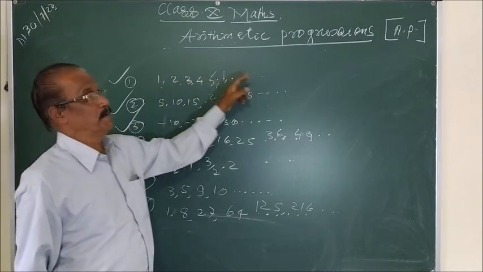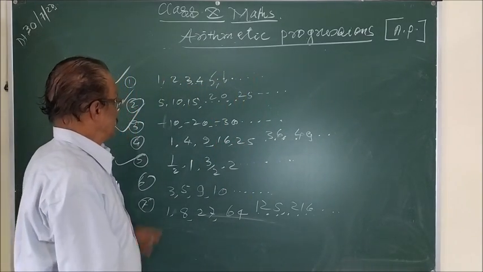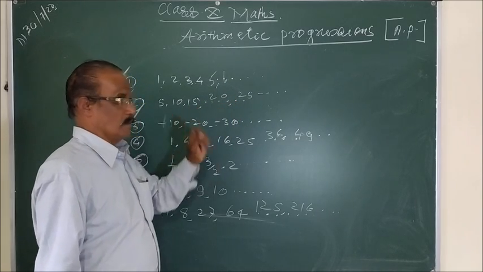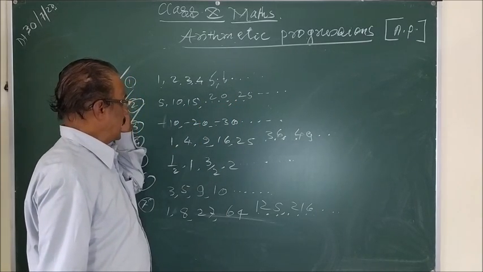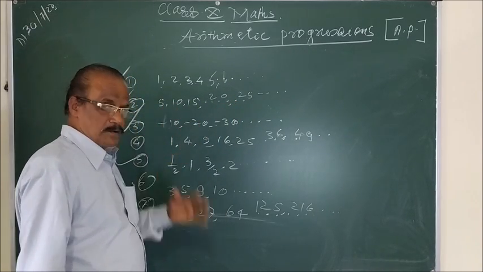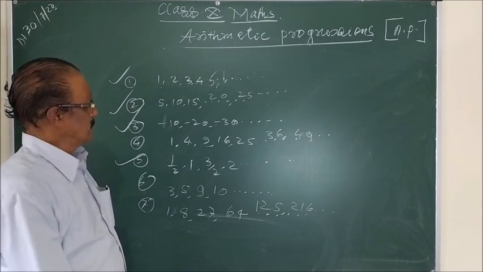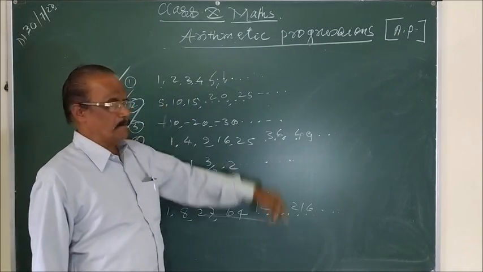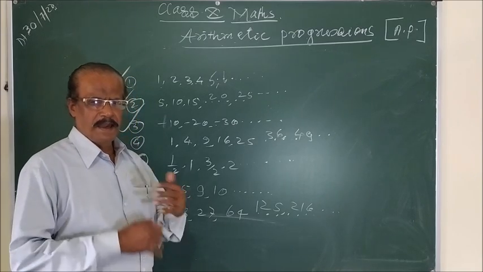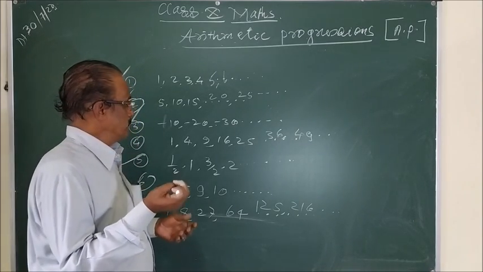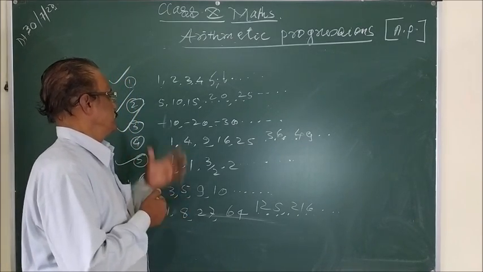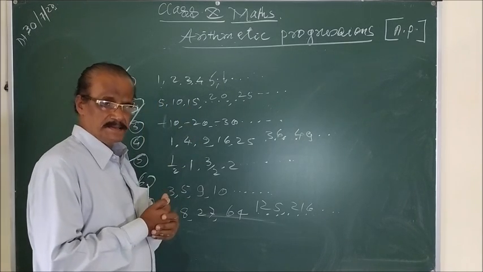इसको बोलते हैं AP में है. These are in AP because the pattern follows a specific rule. The numbers can be obtained by adding some fixed number to the previous numbers.